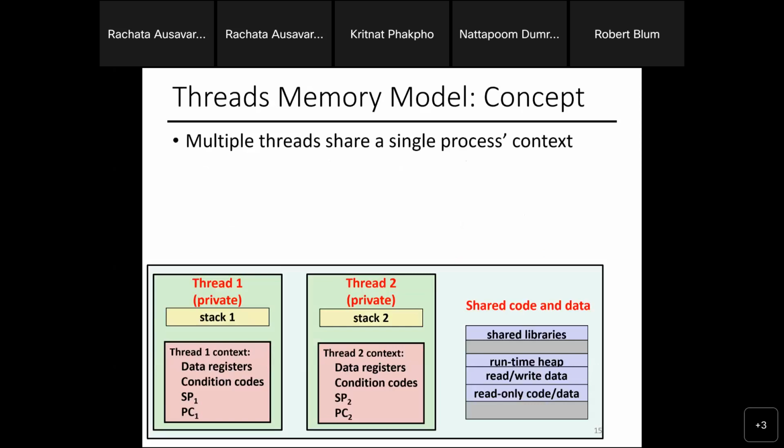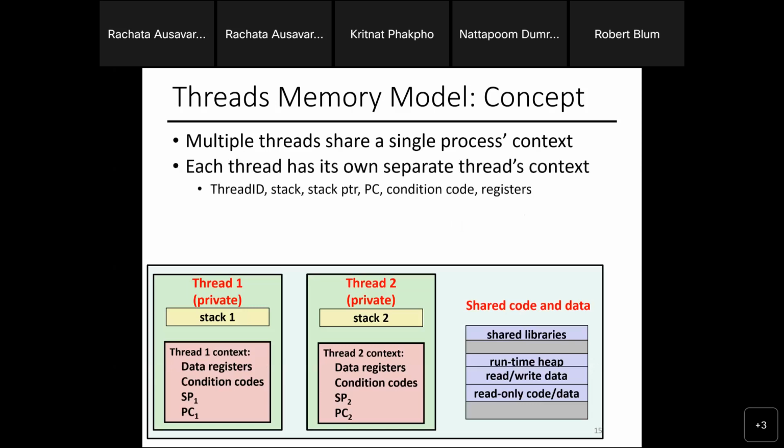So let's say you want to identify what's shared. Right now you run two threads, thread 1 and thread 2. We already established that the code and the data are shared, and there are some private things in each thread: some data registers and the stack. Each thread has its own thread ID, stack pointer, program counter, condition codes, and registers.